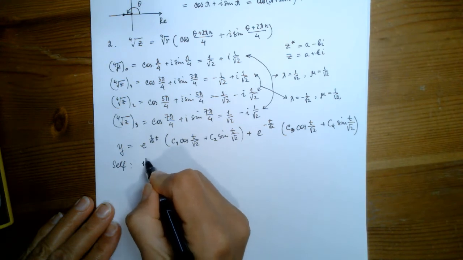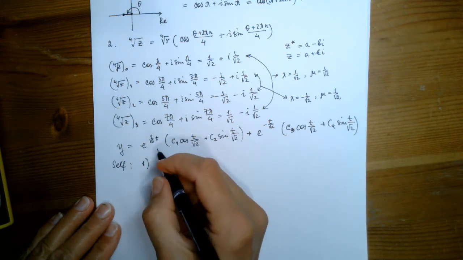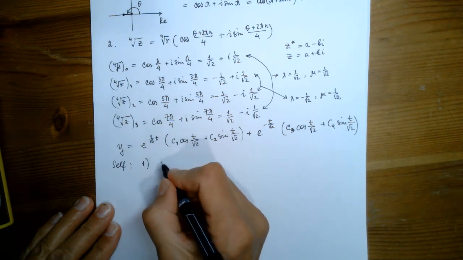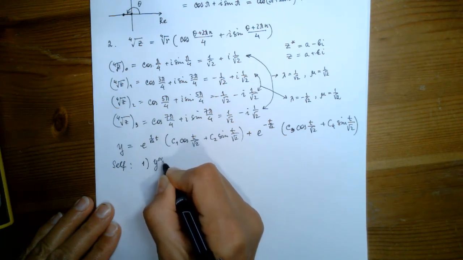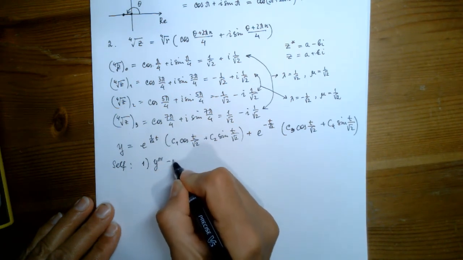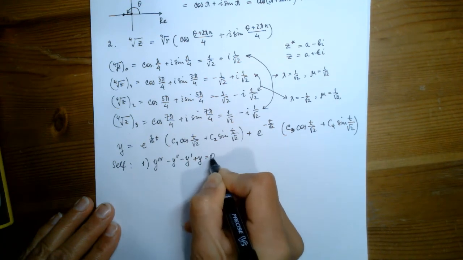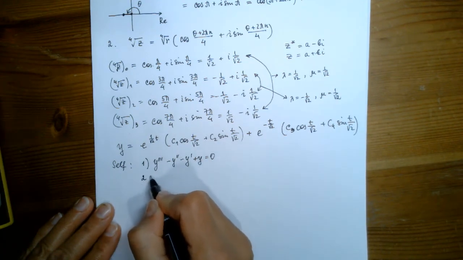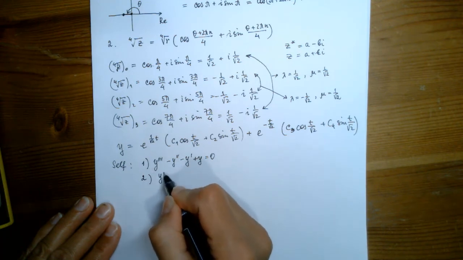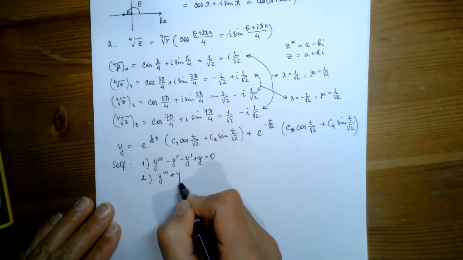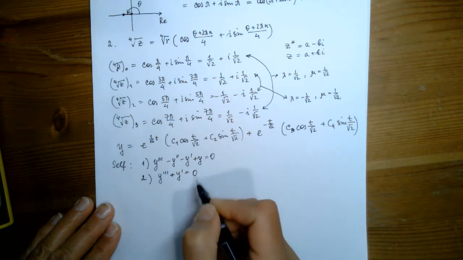Self-work. Problem 1. In all 3 cases, I want you to find a general solution, okay? So y third derivative minus y second derivative minus y first derivative plus y equals 0. Case number 2, y third derivative plus y first derivative equals 0.